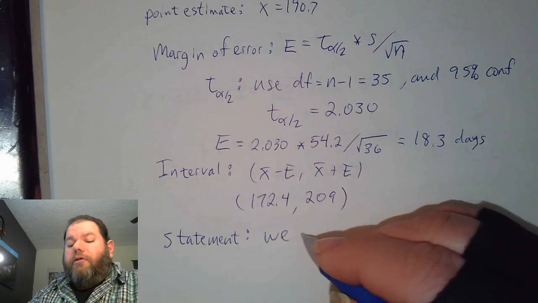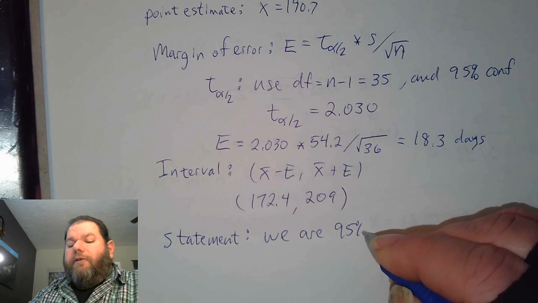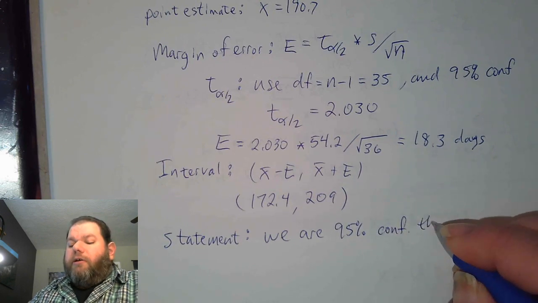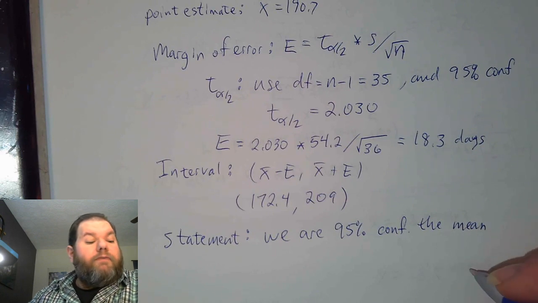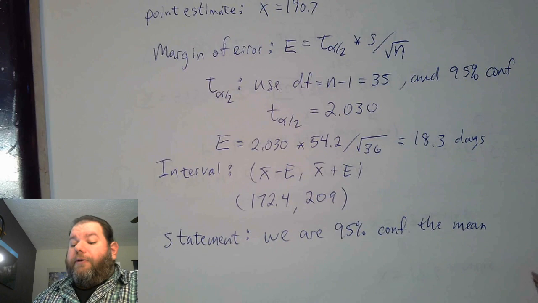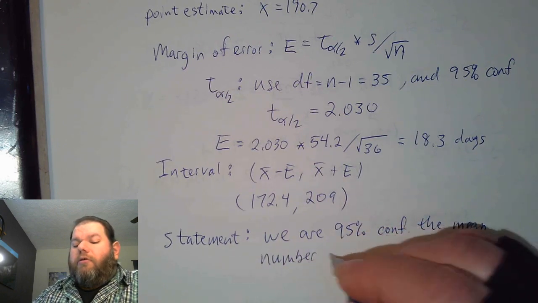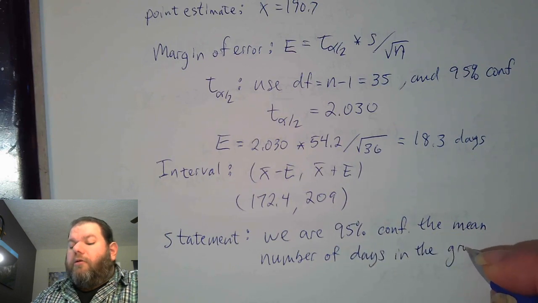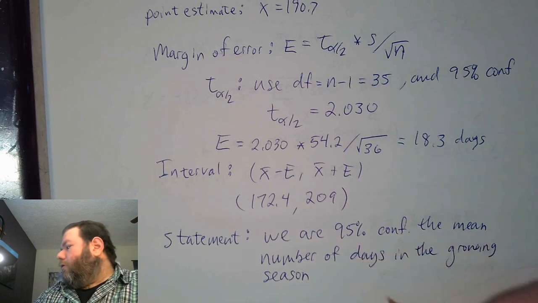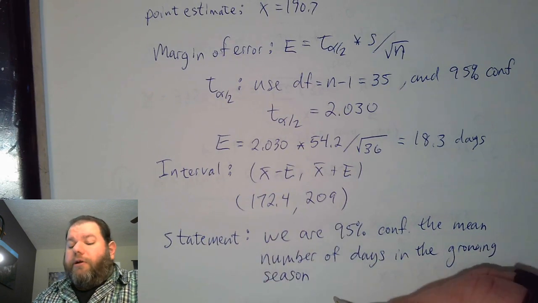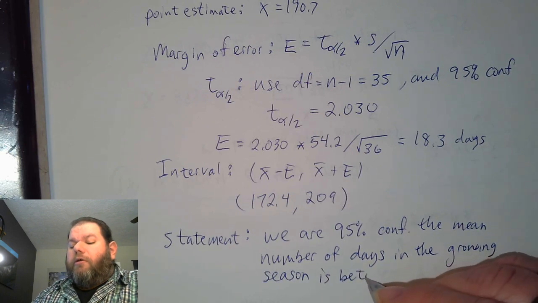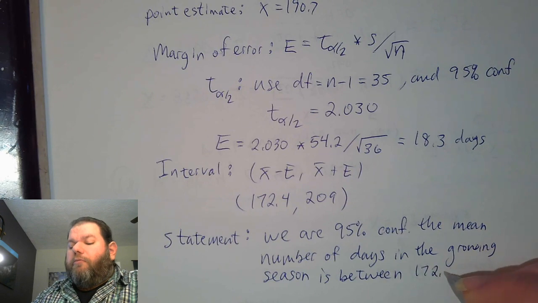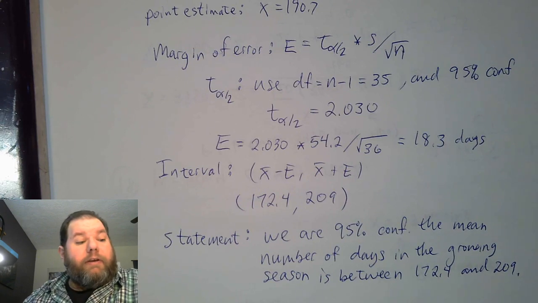So we can say we are 95% confident the mean number of days in the growing season is between 172.4 and 209. And that's all we need for our statement there.